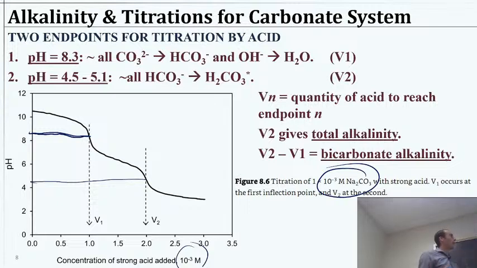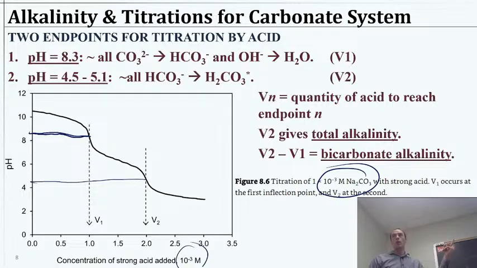And what you might recognize is we started with exactly 1 times 10 to the minus third moles per liter of this sodium carbonate, and it took 2 times 10 to the minus third moles per liter of acid to get there. You could think about that in terms of the proton balance. For every 1 carbonate, if we're moving it from carbonate to carbonic acid, we consume 2 protons.